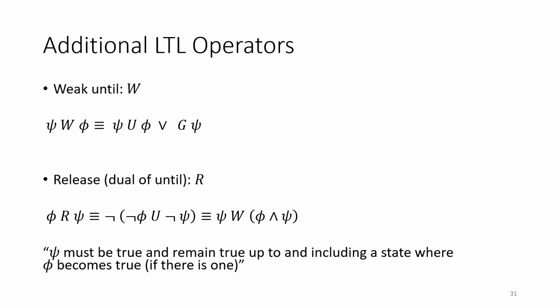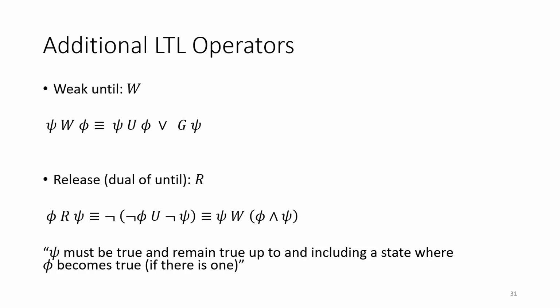So this phi releases psi means that psi might hold forever, or we will see that phi happens together with psi, and then it could be, well, the end, like this until. This could be the thing that we finally eventually reach, or simply psi holds forever.